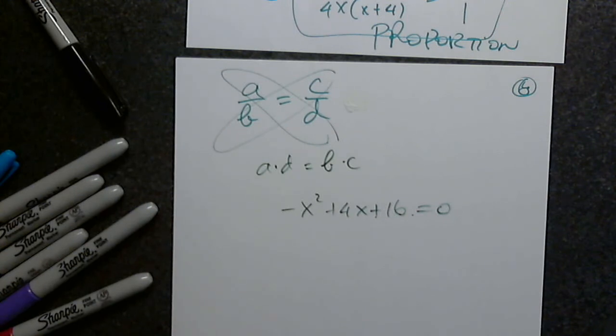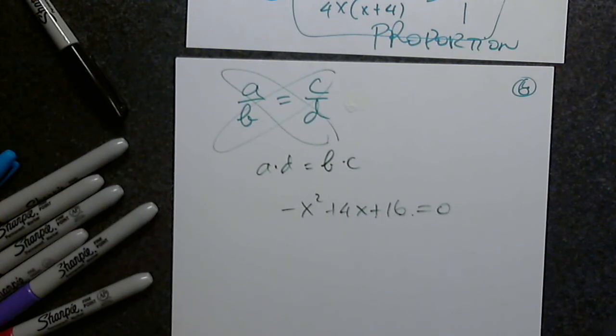Okay, so let's summarize. We are far from being done. First of all, we had a rational equation. We identified it correctly. Then in number 2, we factor the denominators if they are not already factored. In step number 3, we stated restrictions. In step number 4, we moved everything to one side and set it equal to 0.